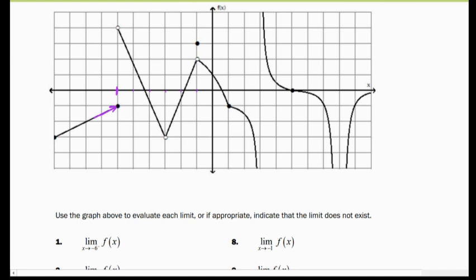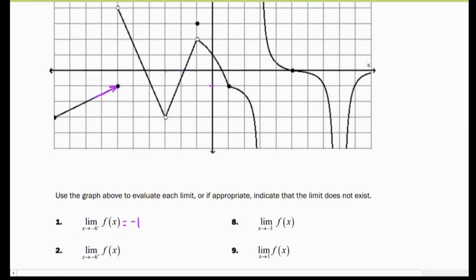What am I approaching as I go towards -6 from the x value? What y value am I approaching? And I see that that is -1. So again, limit is all about, as we approach some certain x value, which y value are we approaching? And in this case, since we're approaching -6 from the left side, looks like we're going towards -1.